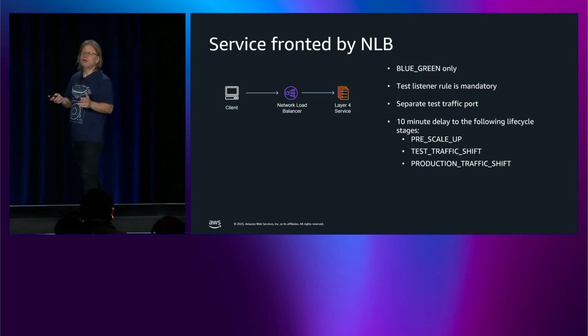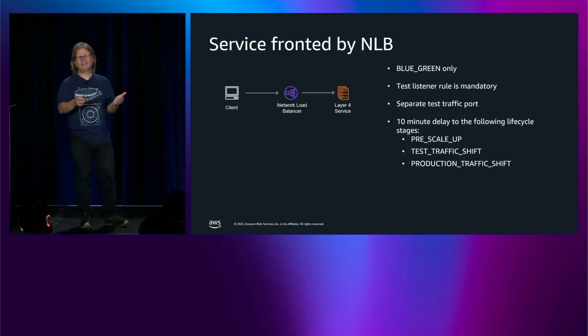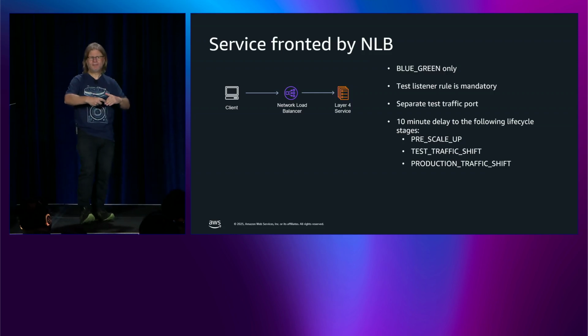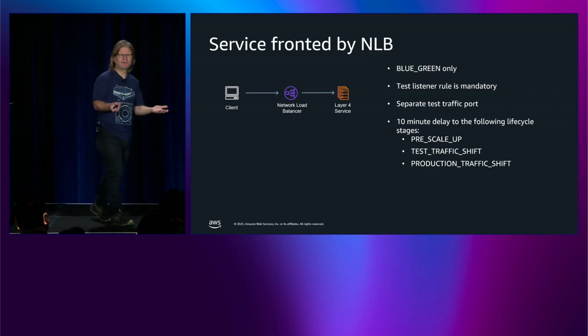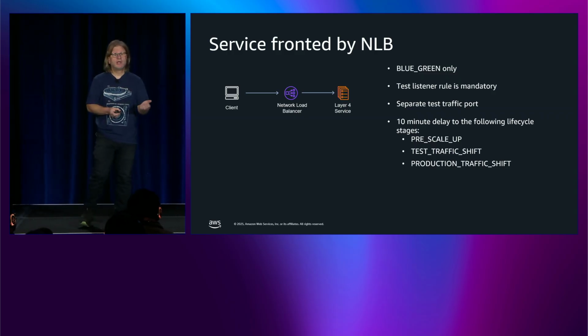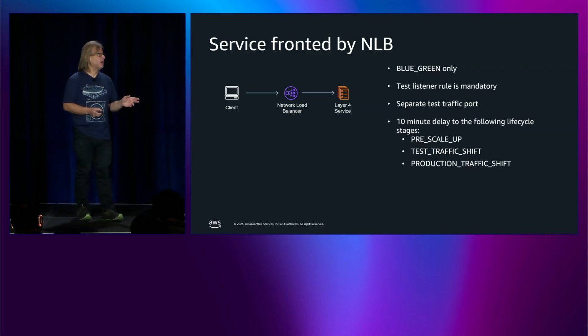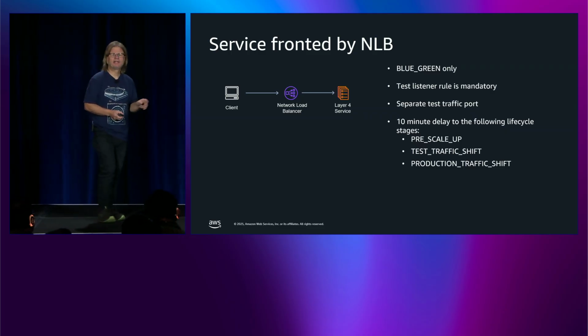Second, you don't have the benefits of layer 7 request routing, because you're working at layer 4, so you can't do path-based routing. That means you have to use different ports for your production and test. So you need to have separate ports for production and test. And also, the test listener is not optional in the case of NLB.